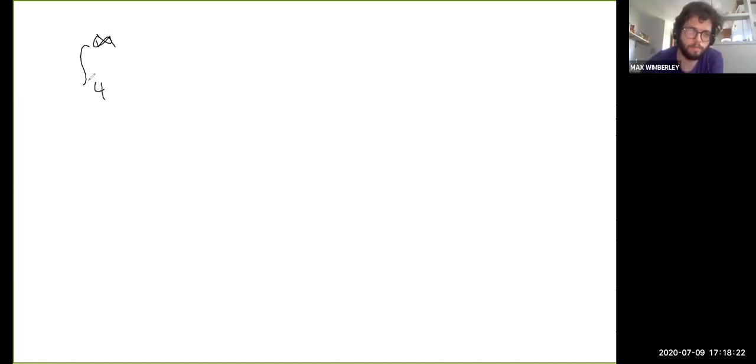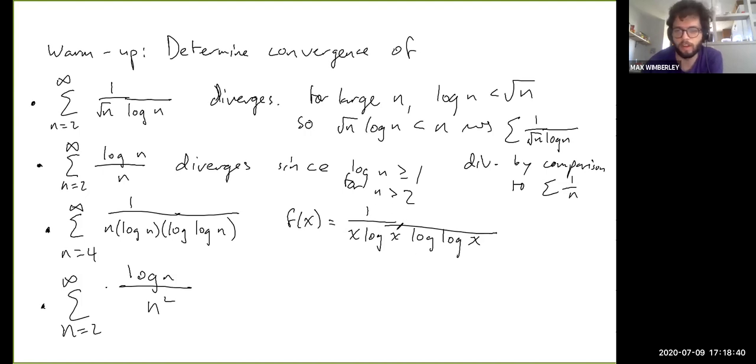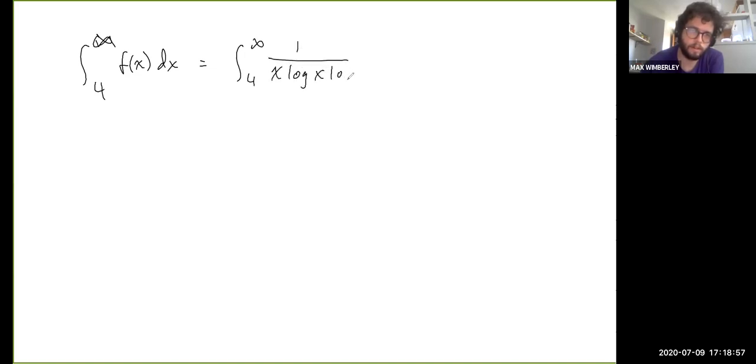Really any sufficiently big positive number, because remember, it doesn't matter what's happening for small values of x. That's not going to affect the convergence of the integral, unless there are poles, but there are no poles of the function, which is important. There shouldn't be any poles in the domain of integration if you're going to use the integral test. So we want to integrate f of x, the integral from 4 to infinity of 1 over x log of x log of x.